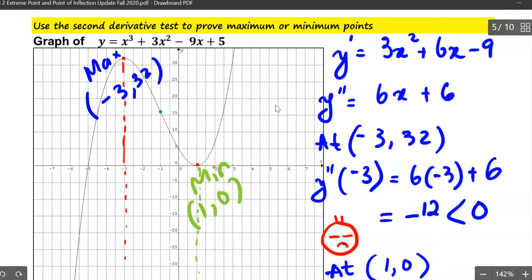So this is my PI. I will put it at negative 1 and 16. So it's obvious, right? You see your curve is going concave down and then suddenly changes to concave up, where this part of the curve is your point of inflection.